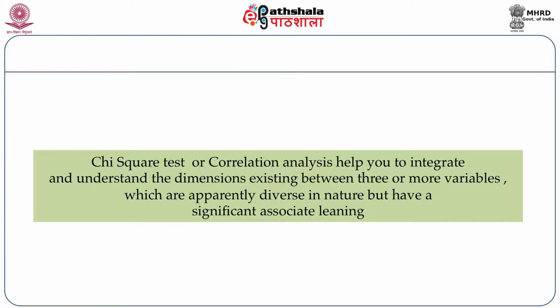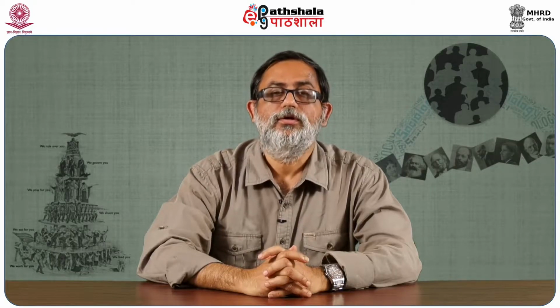As an analytical tool, the strategy of quantitative data analysis is a very important and significant array of techniques. For example, chi-square test or correlation analysis help you to integrate and understand the dimensions existing between three or more variables which are apparently diverse in nature but have a significant associative leaning. Therefore, these divergent, heterogeneous dynamics of the social matrix can easily be reflected when you go for interpretive statistics like chi-square, regression, or R mode of analysis.